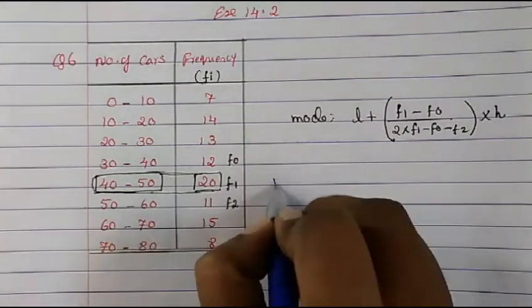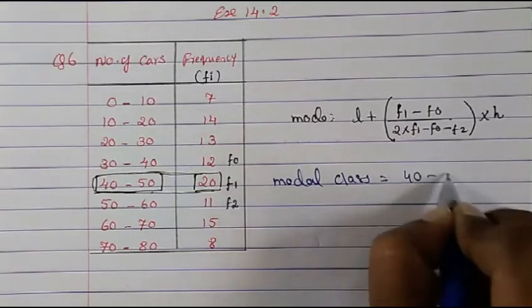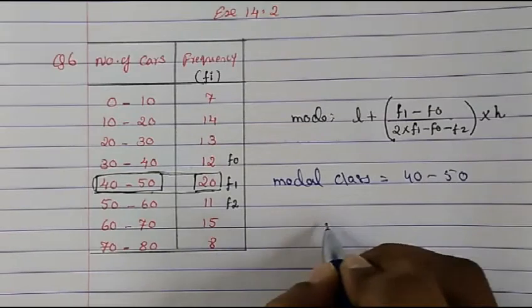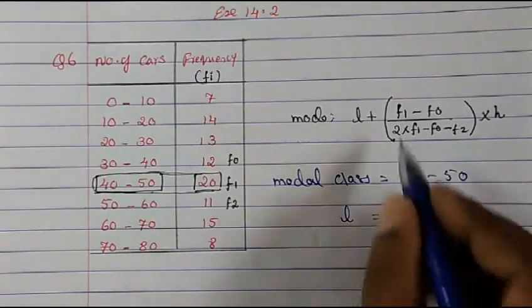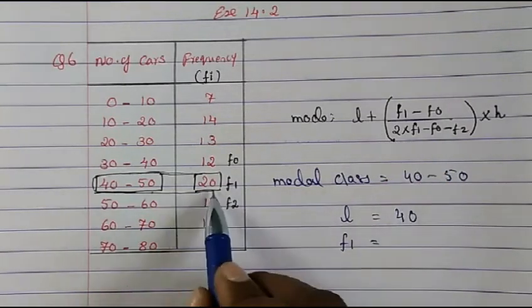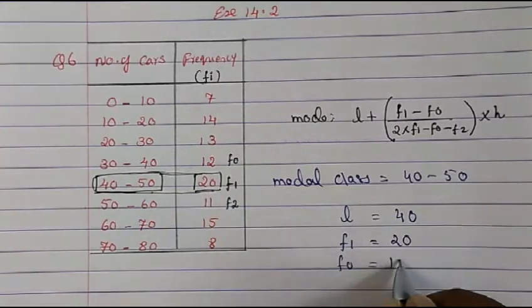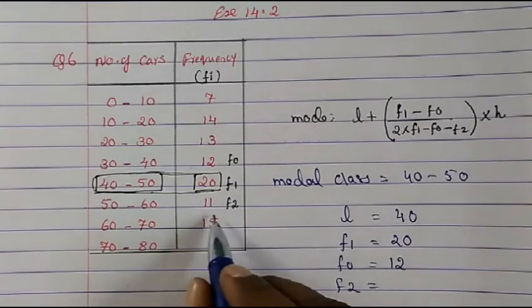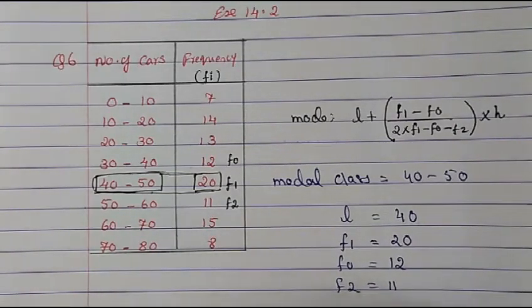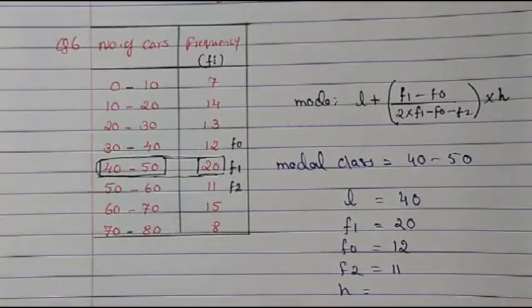Our modal class is 40 to 50, and the lower limit is 40. f1 is 20. f0 is 12, that is preceding the modal class, and f2 is 11, succeeding the modal class. Then h is the class interval, that is 50 minus 40, which gives us 10.